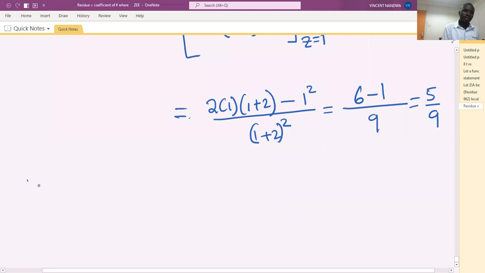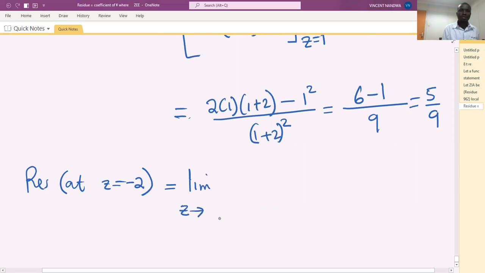Next, residue at z equals negative 2. Now this one we use the formula: limit as z approaches negative 2 of z plus 2 times f of z.